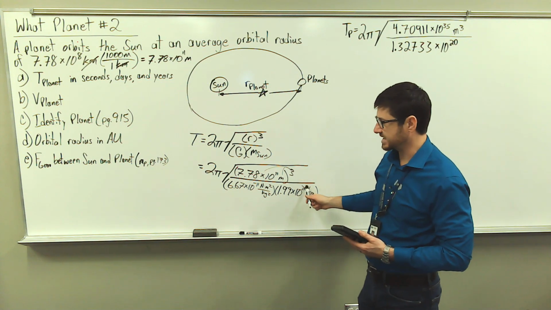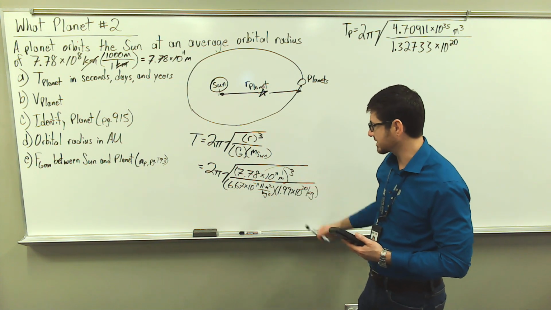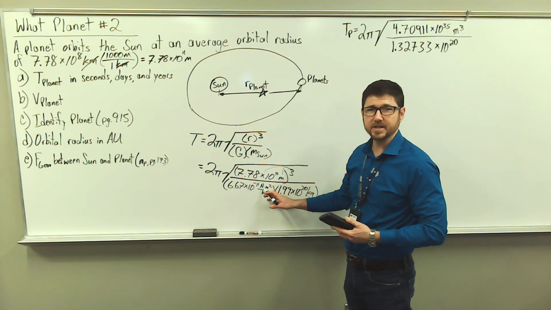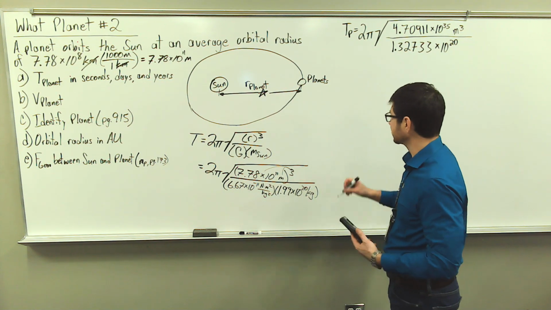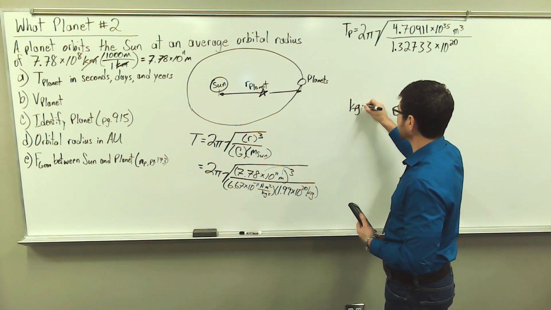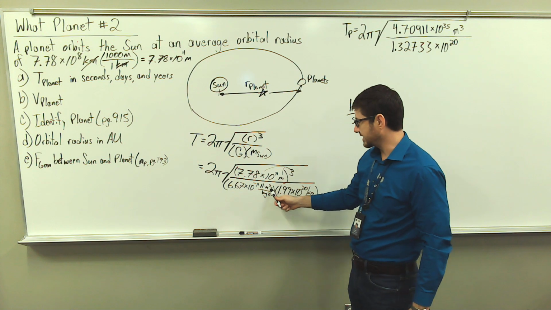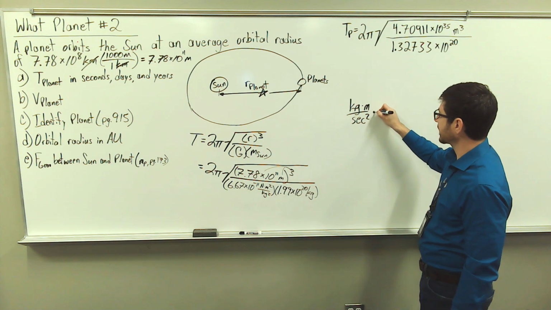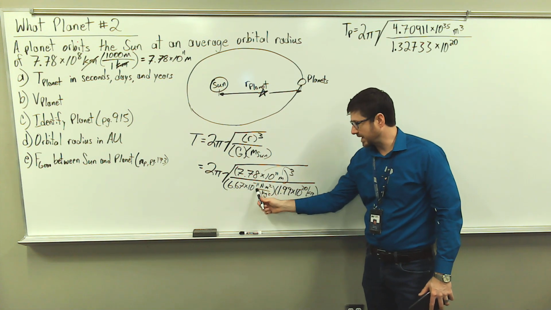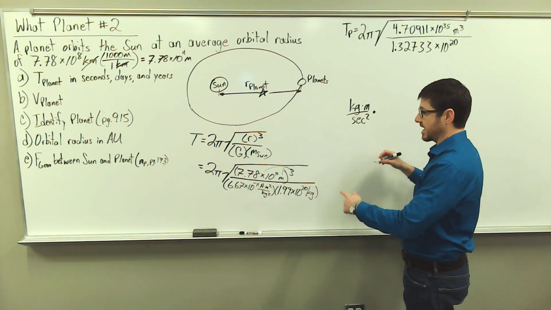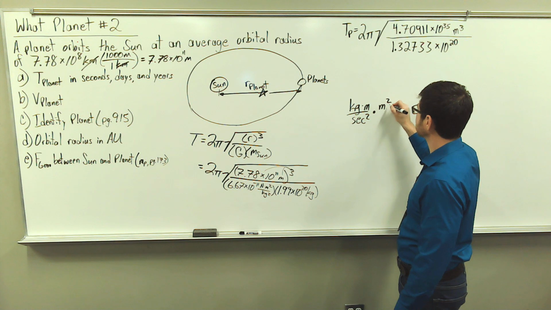Now let's take a look at the units in the denominator. What I first want to do is expand the unit of a Newton. And you know a Newton is actually a kilogram meter per second squared. We're going to multiply this by units of meters squared. So in my numerator right here, I have kilogram meters per second squared times meters squared.